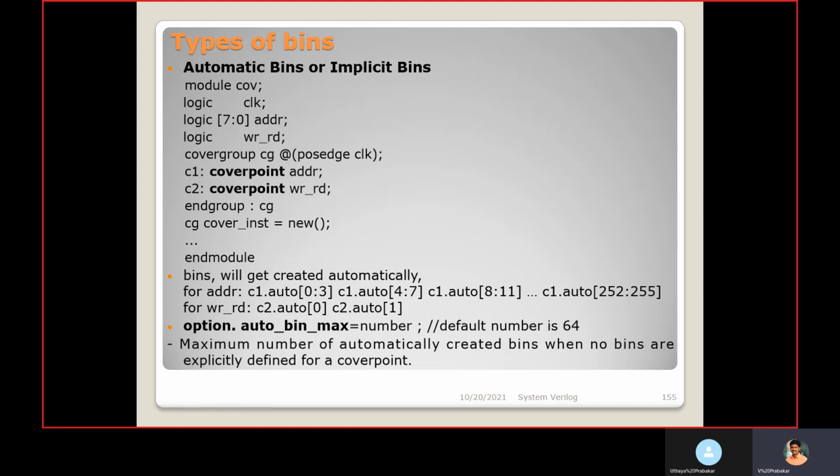So 256 divided by 64 means each bin can hold 4 values. Address values 0 or 1 or 2 or 3, auto of 0, this bin will get a hit. Automatically it will create 64 bins, and each bin can hold 4 values.